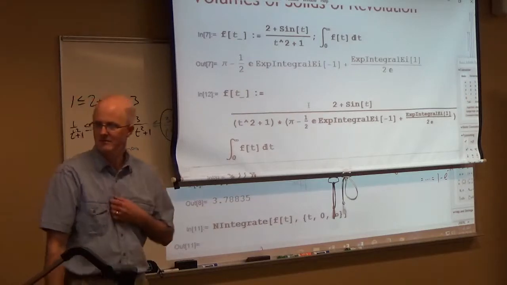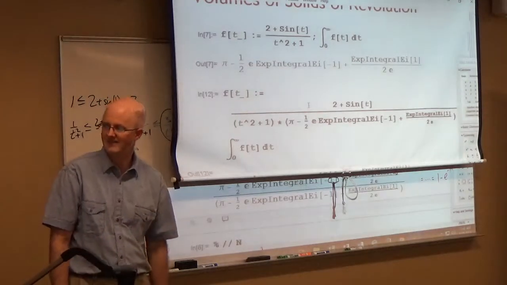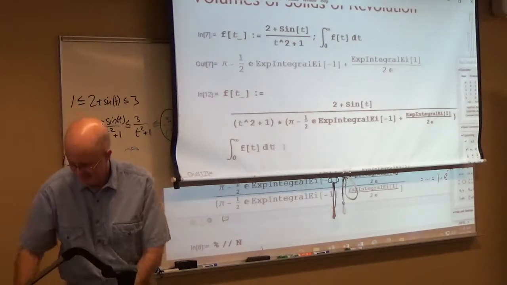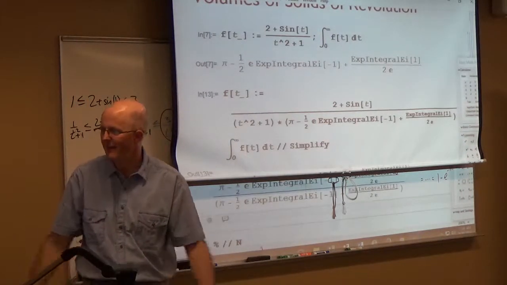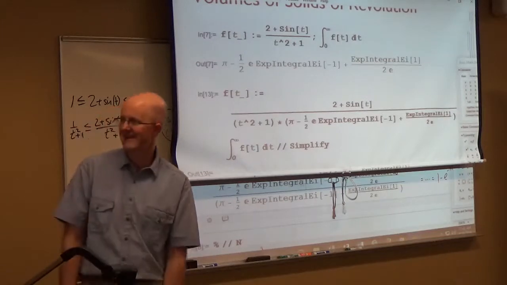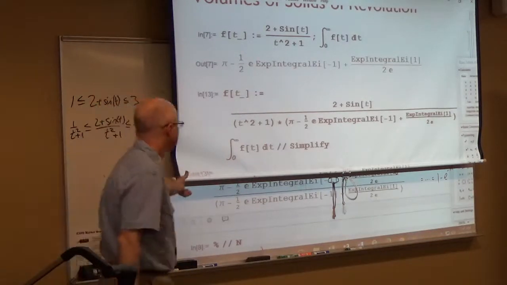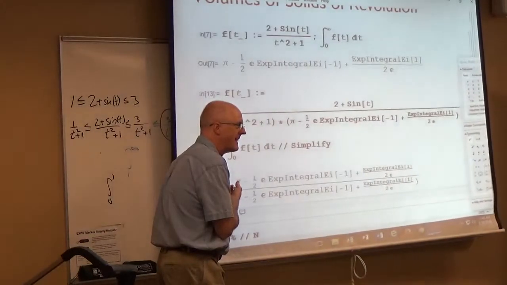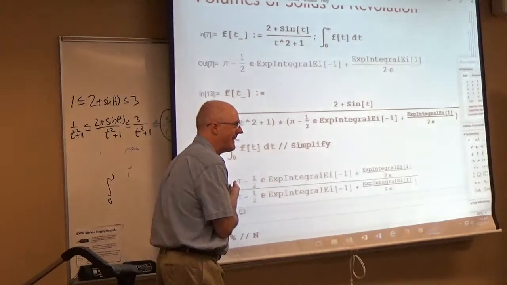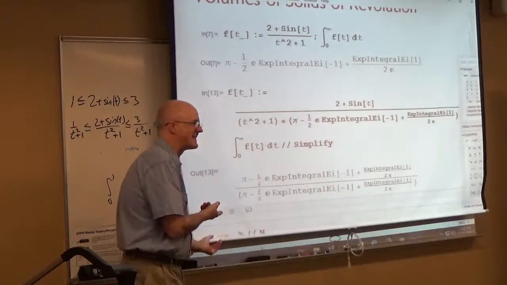Now we have an integral that equals 1. Aha! It didn't simplify it. Simplify to 1? Come on! Oh, really? Okay. Sorry. That simplifies to 1. Anyway, so now we have a PDF.